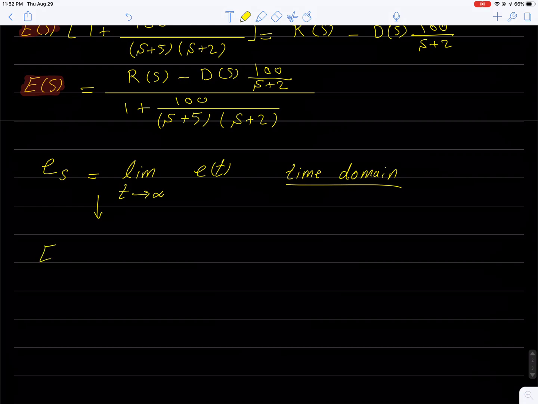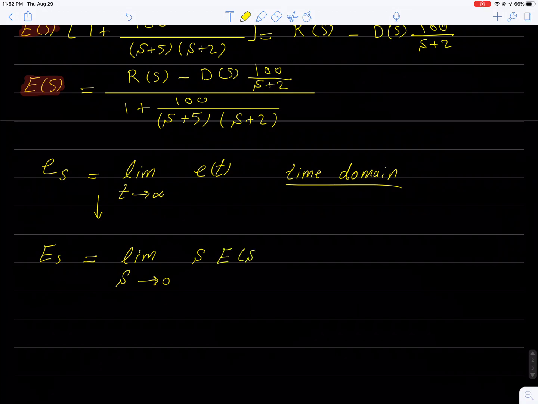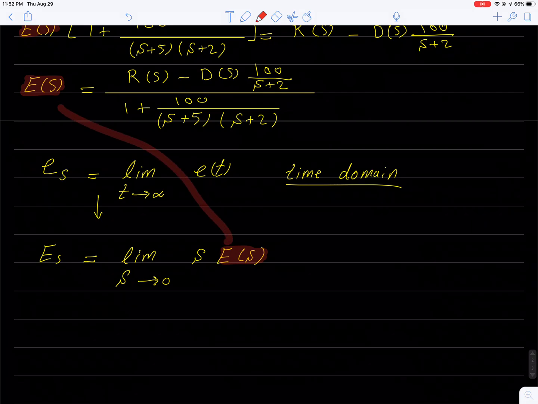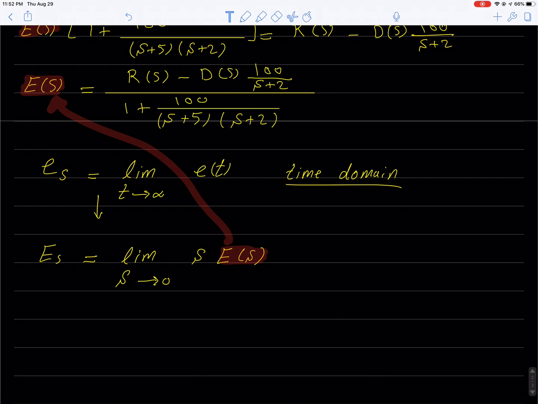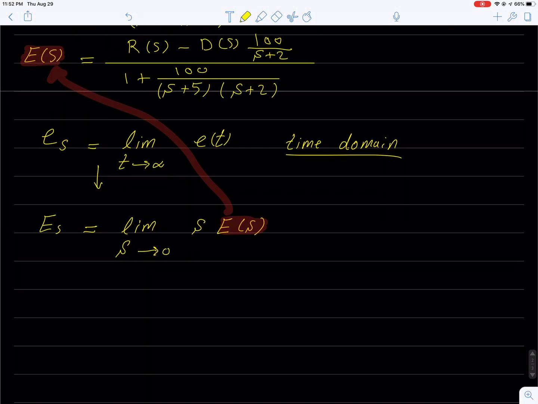So I can write that the steady state error is equal to the limit as S approaches 0 of S times E of S. And as you know, we have E of S, and that's here. So we have everything. Let's go for it.